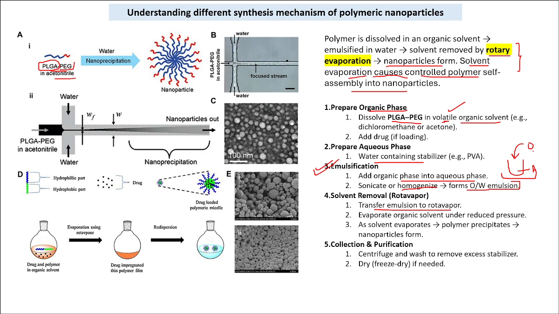The emulsion prepared after adding the organic phase to the aqueous phase is transferred to this rota vapor, which is connected to the machine. The rota vapor evaporates the organic solvent under reduced pressure. As the solvent evaporates, the polymer precipitates and nanoparticles are formed. Then they are centrifuged and washed to remove excess stabilizer, and then stored.